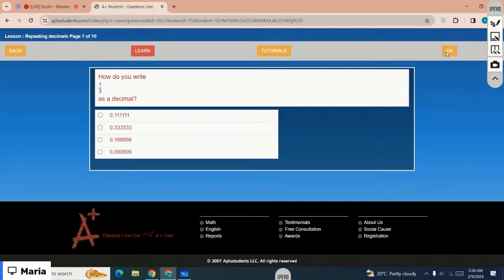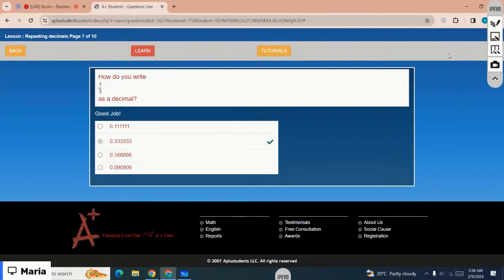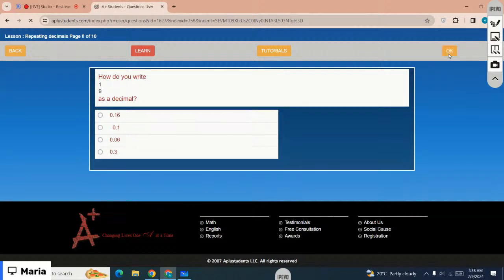That is 0.333. Very good. The correct option is 0.33. The next one is how do you write 1 by 9 as a decimal?